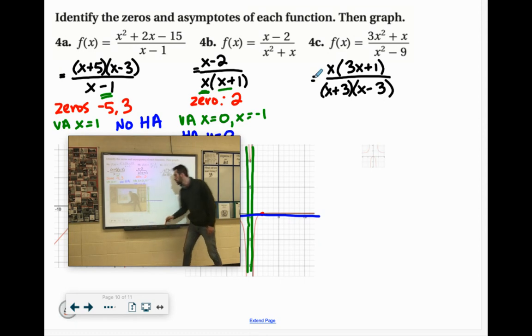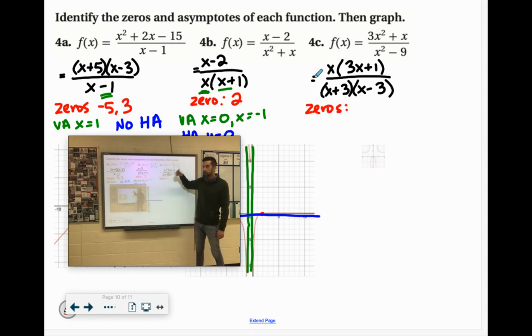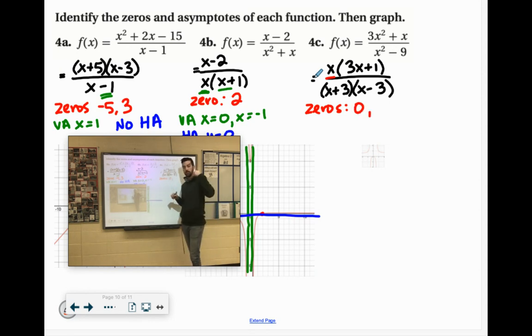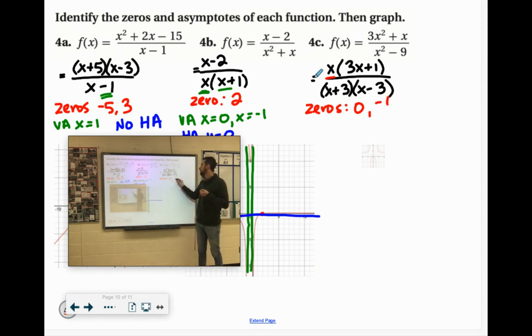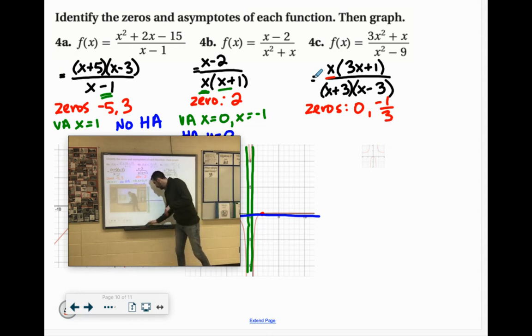And zeros, let's see, I'm just making sure we don't run out of time. The numerator, right? So we have this x out here, so our 0 would be 0. Also this 3x plus 1, if you were to solve 3x plus 1 equals 0, you would subtract 1 and then divide by 3. So we'll have negative 1/3 as well.